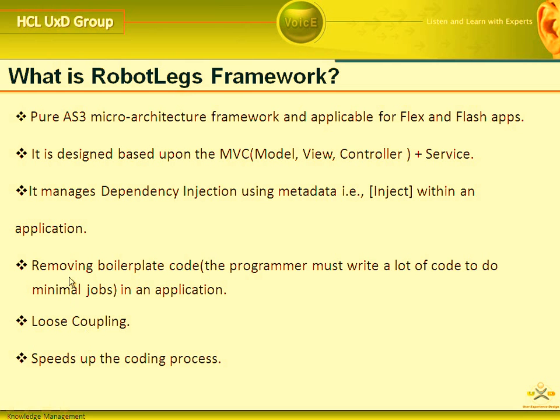And using this RobotLegs framework we can avoid boilerplate code. In the sense, in the case of pure MVC, to achieve small things we need to do a lot of things. But in the case of RobotLegs, we no need to bother about all those things. And this framework is completely loosely coupled because all layers are independent of each other.